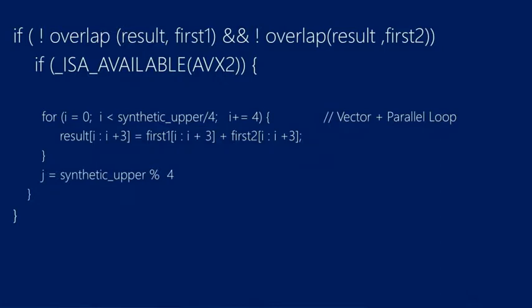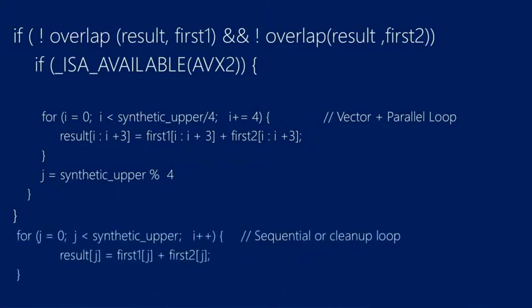And then if we ran that loop in vector and we don't know what the upper bound was, whether it was actually really 0 mod 4, we have to execute a cleanup loop that would run sequentially, or we would just simply run that sequential loop if there was overlap or if we weren't running on Haswell.